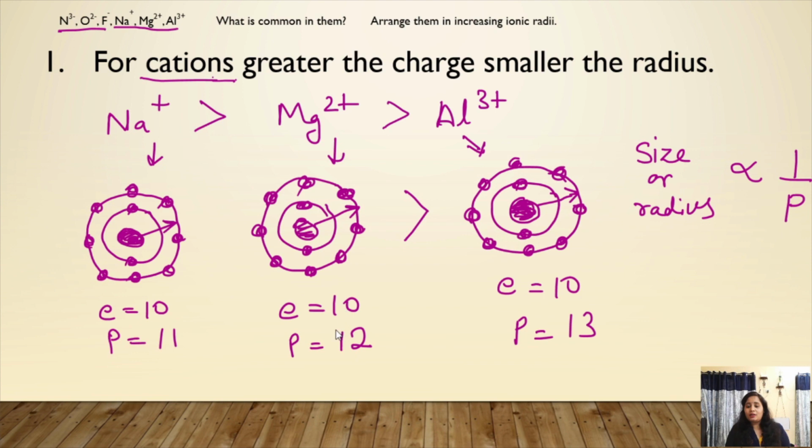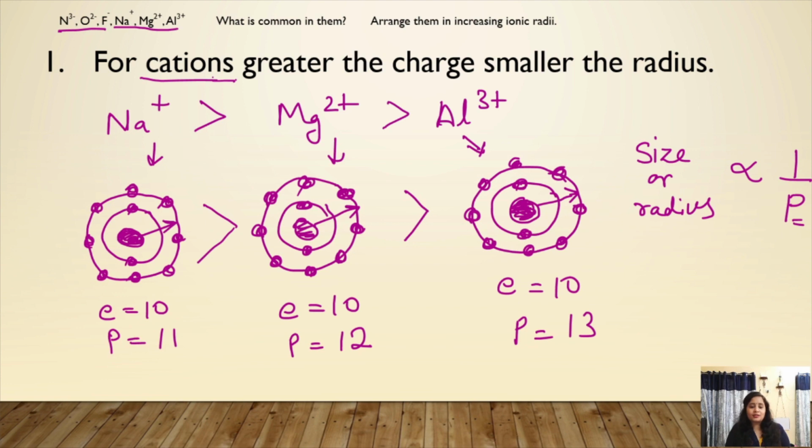If we compare magnesium ion and aluminum ion, here the proton is less, so size will be more. Proton less, size more. Here also same case. In case of sodium ion and magnesium ion, number of protons less, size more. So this size is bigger than this, and this size is bigger than this. Understand the concept? Now, this is for the case of cations.